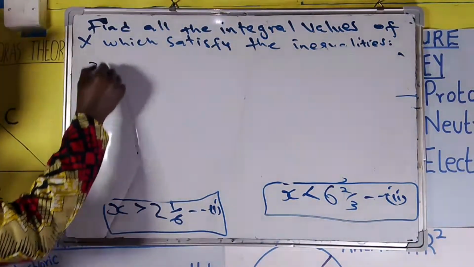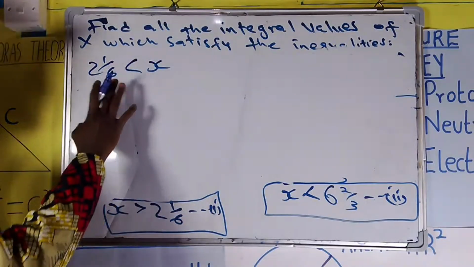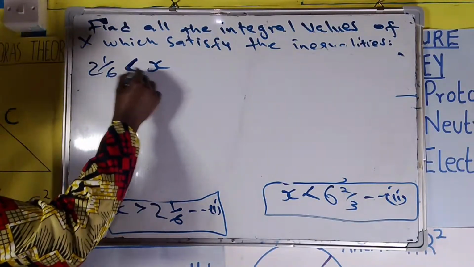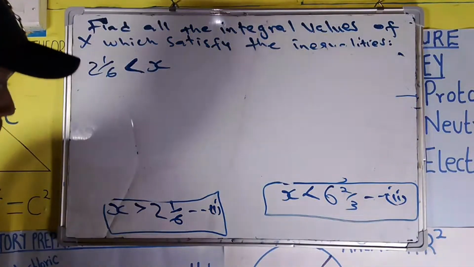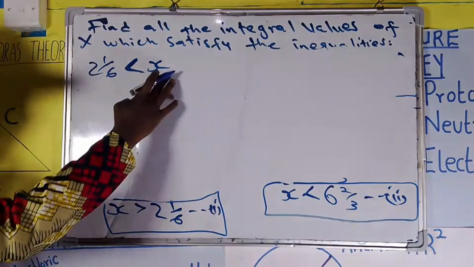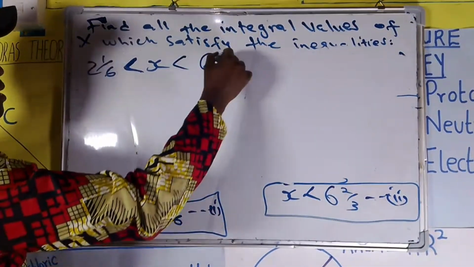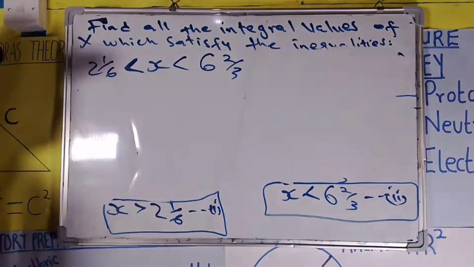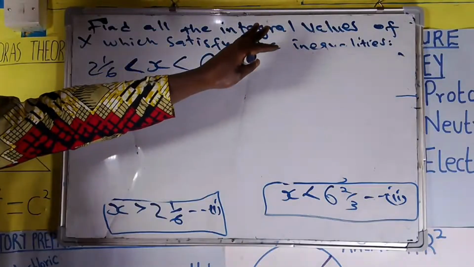So itakuwa 2 whole 1 over 6 is less than x. Ina make sense. Even if we have written it the other way around, it doesn't change the meaning. So itakuwa 2 whole 1 over 6 is less than x, while x is less than 6 whole 2 over 3. And we are done. But tumeambiwa find all the integral values, hatujamalizia.